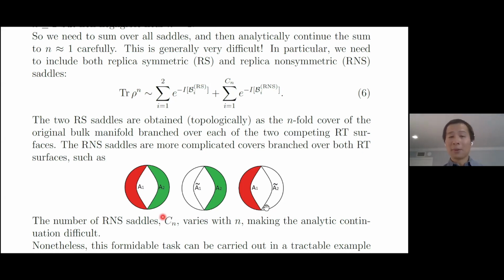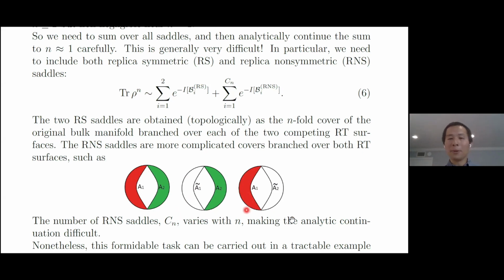We take 3 copies of the original bulk. There are 2 possible RT surfaces, let's call them A1, A2. And then we're going to cut open each one of the 3 copies in the red and the green regions.